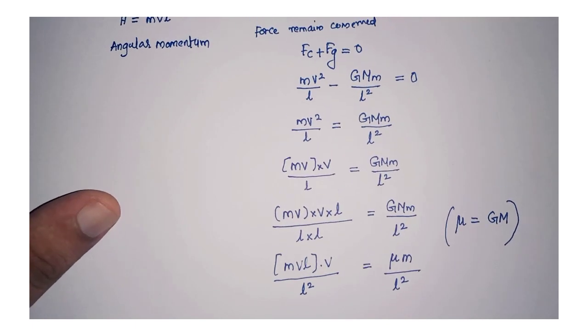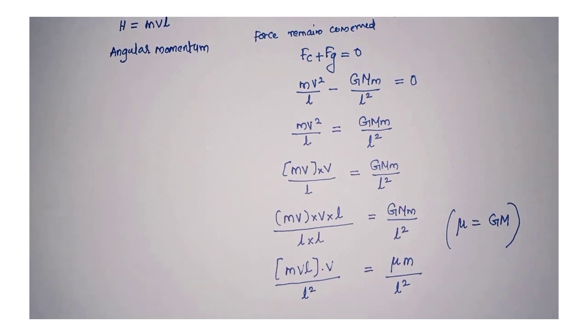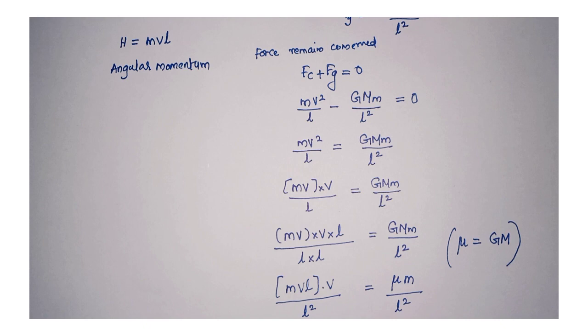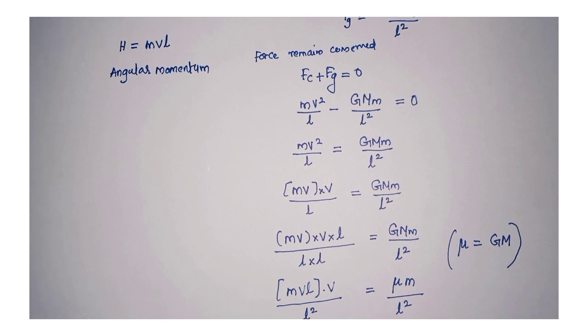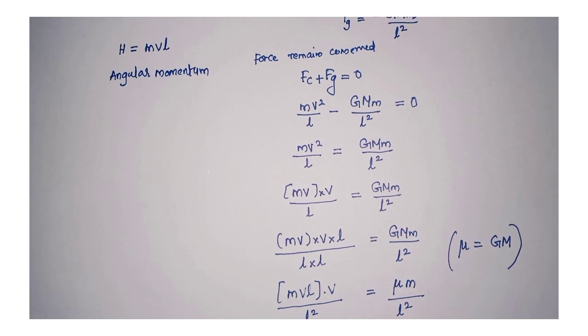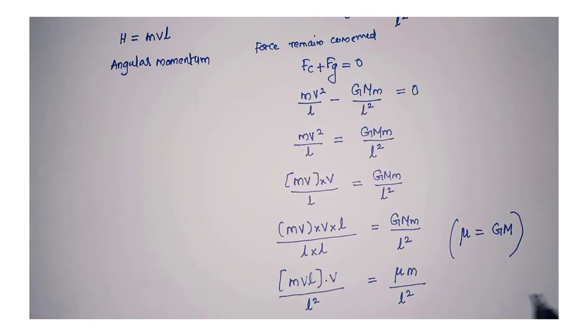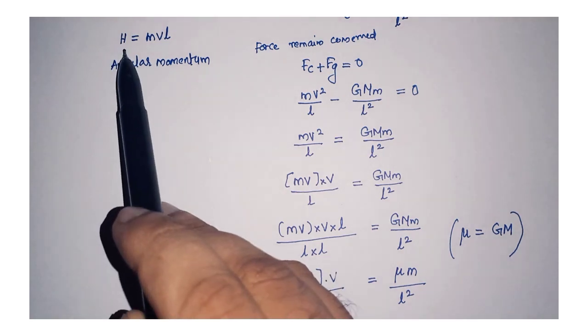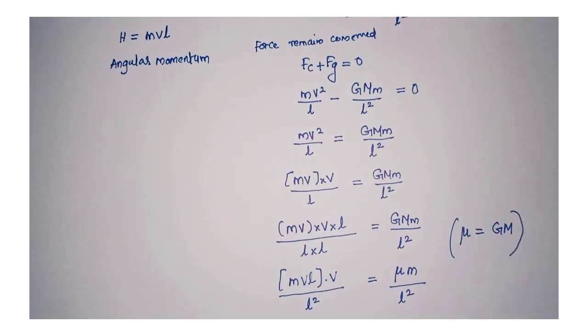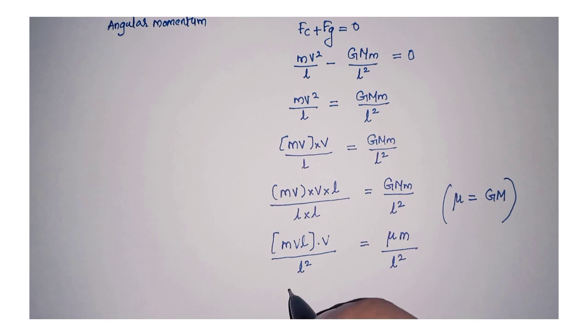We are not worried about the direction here, because we already know that magnitude-wise it is a product of the linear momentum. It is the rotational analog of linear momentum, called the angular momentum. So mvL is nothing but the angular momentum H, and we get H into v divided by L square.